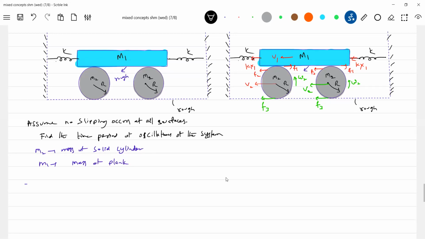Try to notice this one. What is this F1? These two will oppose the motion of the plank. So this F1 and F1 are action-reaction, equal and opposite on the cylinders. F1 should be towards the left.